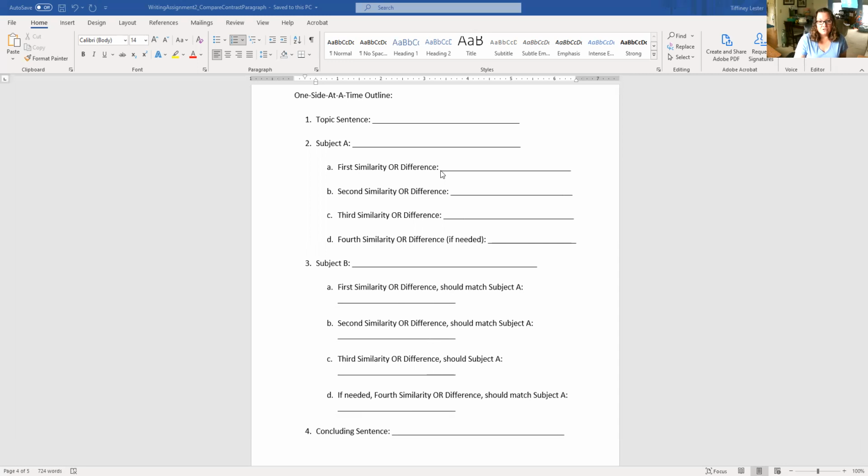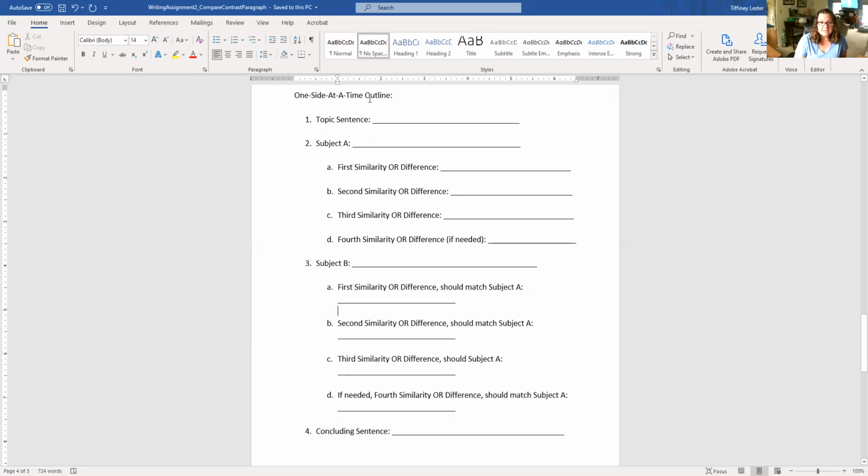Whatever you wrote on line A up here, that same thing needs to be discussed down here. Obviously, you're going to say something different about it, but it should be the same point that's being looked at. And follow the order.